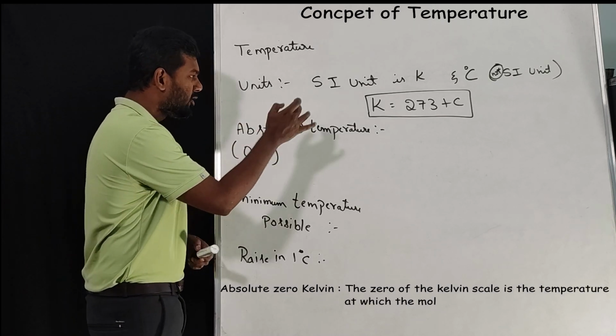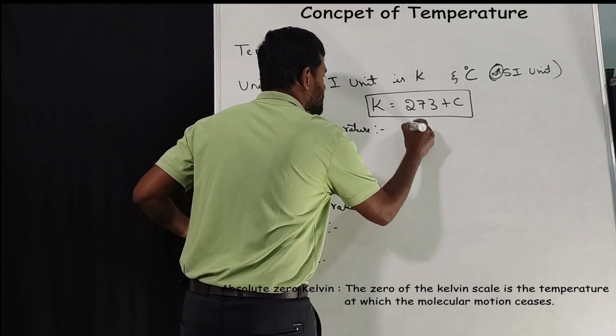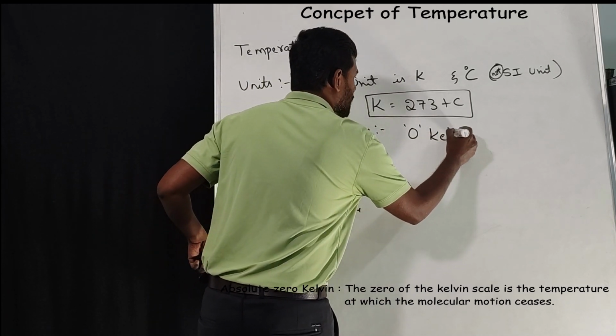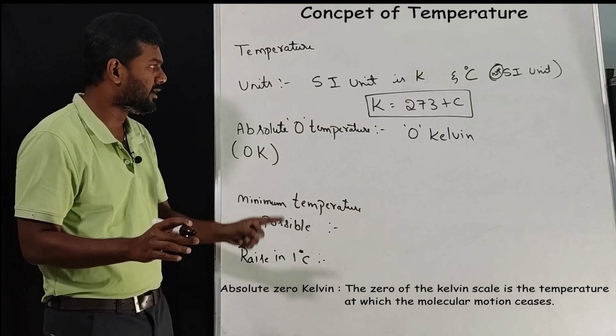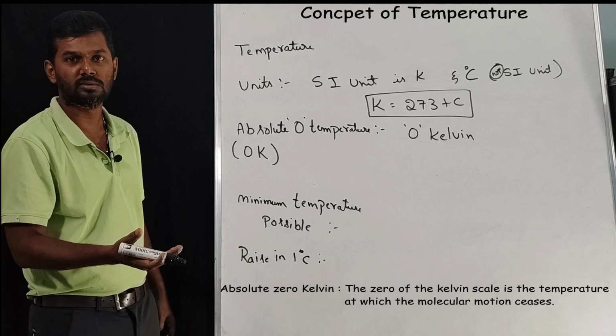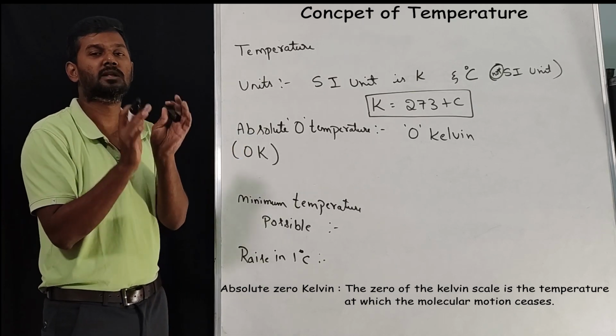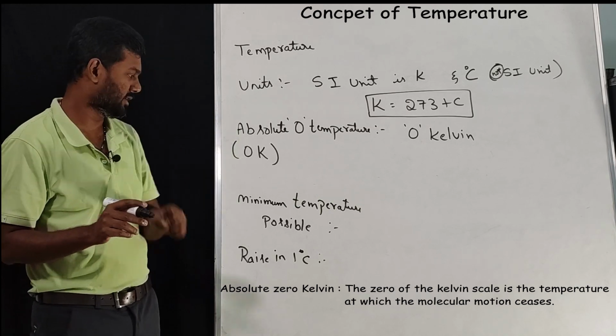Absolute zero temperature is 0 Kelvin, the value of Kelvin is 0, and it is the temperature at which the molecular motion stops. That is nothing but absolute zero temperature.